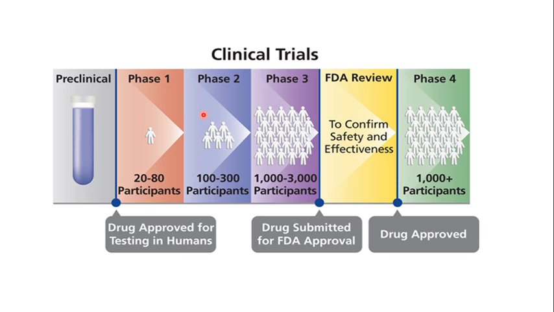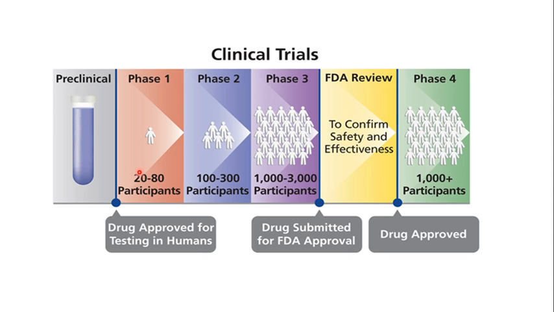Now, the clinical trials are divided into 4 phases. In the first phase, as you can see, only a limited number of participants are allowed to participate in the study. So 20 to 80 participants are in phase 1, and they are tested for the effectiveness of the particular drug.